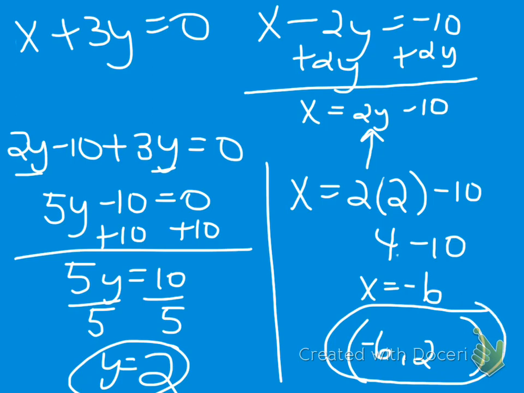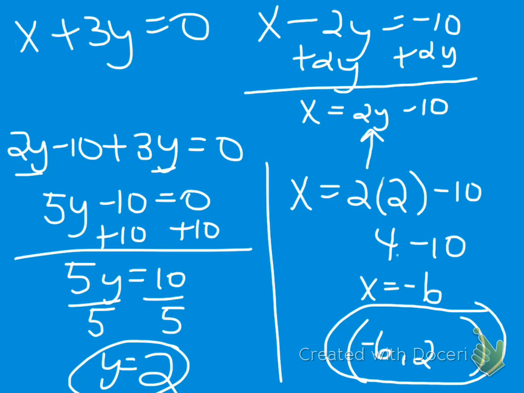All right, so we're going to solve one of the equations for a variable and plug it into the other one. Why did we pick an x instead of solving for y?